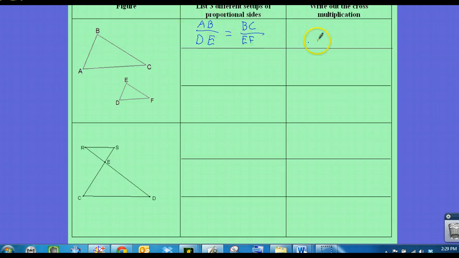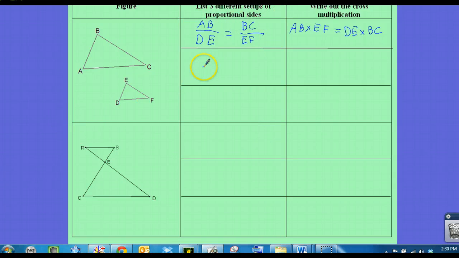So the cross multiplication would be AB times EF equals DE times BC. Okay, so I think we got the proportionate sides set up.